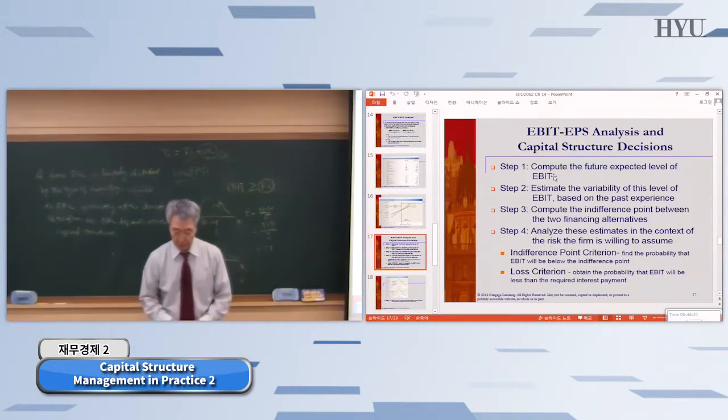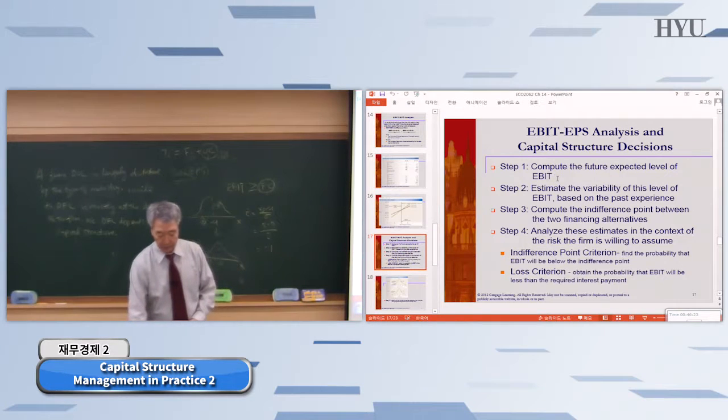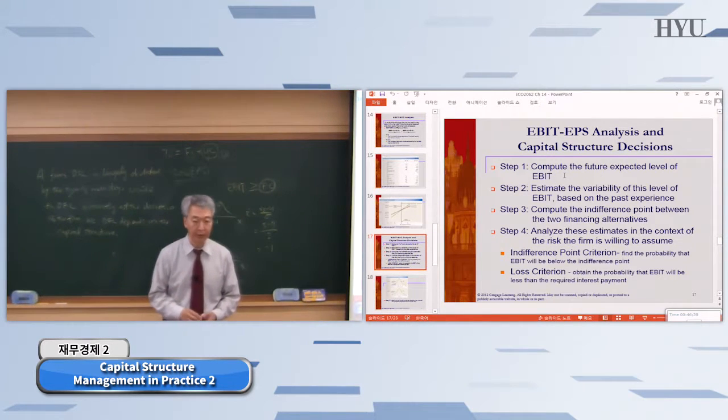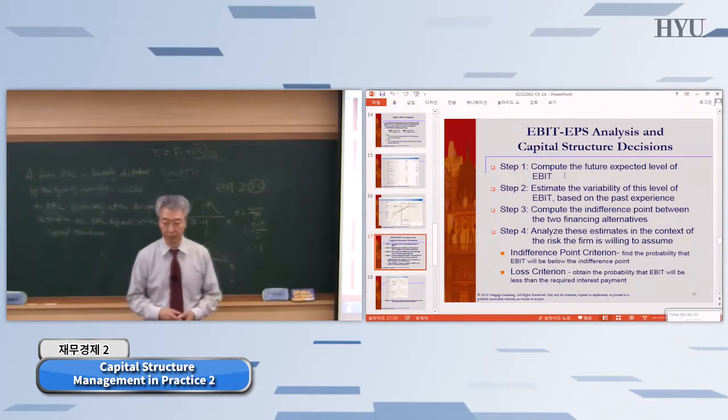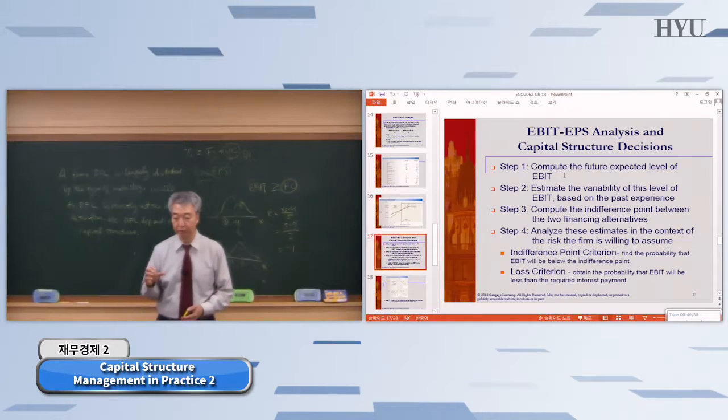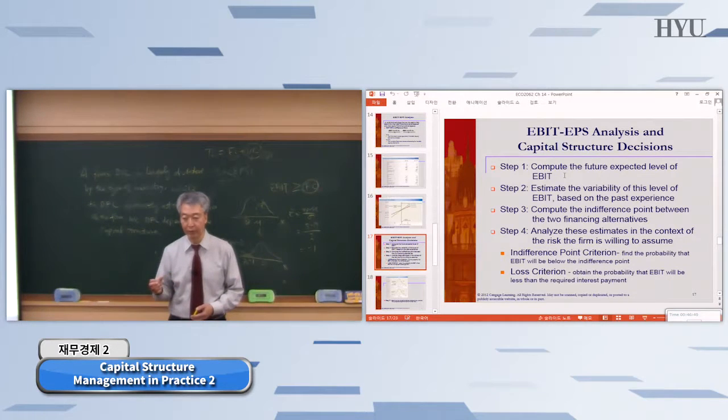the step one is to compute the future expected level of EBIT, again, based on the past history, or you may consider any other information available, right? And in addition to the past history, you can also consider the future projection.